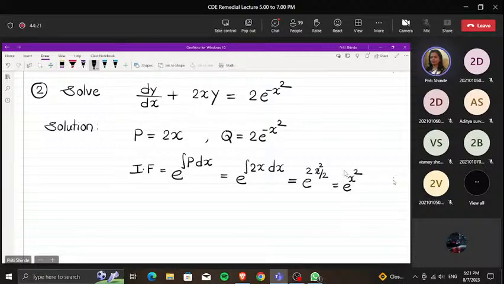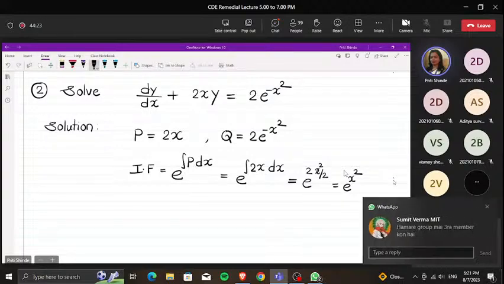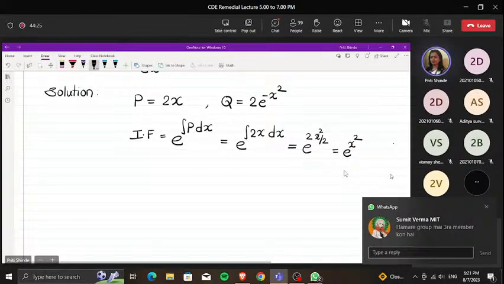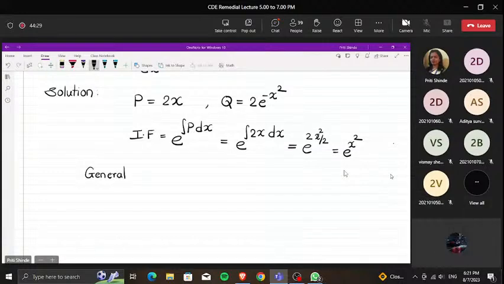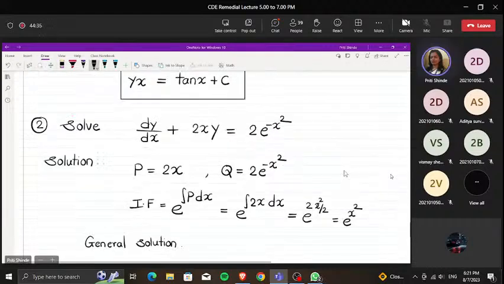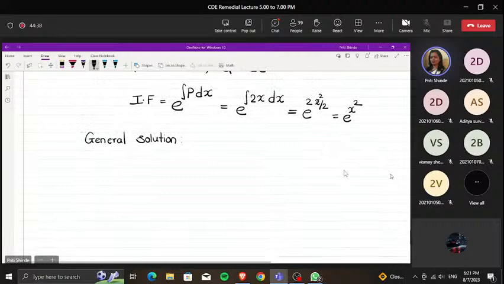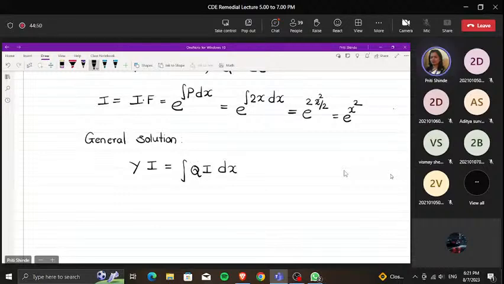It is linear, so you can directly write down the general solution. So general solution. Since it is linear in y, general solution starts with y. y into integrating factor is integration of q into I dx plus c.